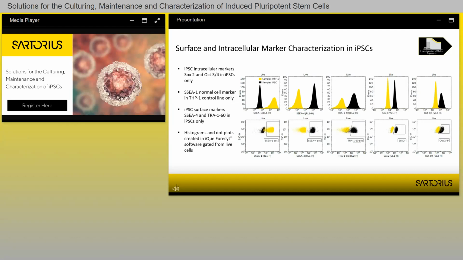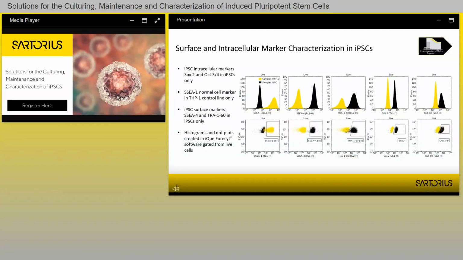We also have on the far left SSEA1 marker expression, and that's marker expression for non-pluripotent phenotypes. And what we can see here is that we have the reverse to the intracellular markers. Our iPSCs have no discernible expression of SSEA1, whereas our THP1s have a high expression of SSEA1.